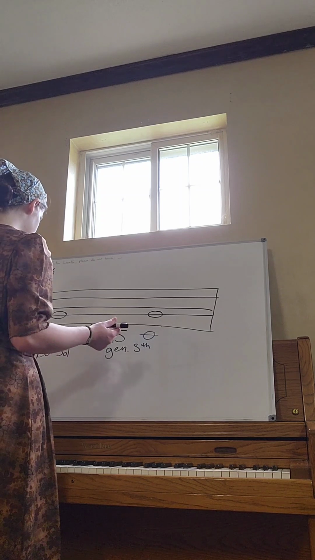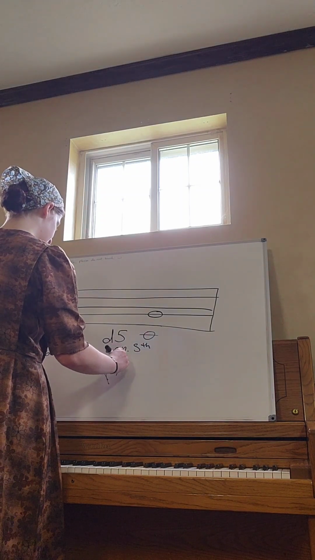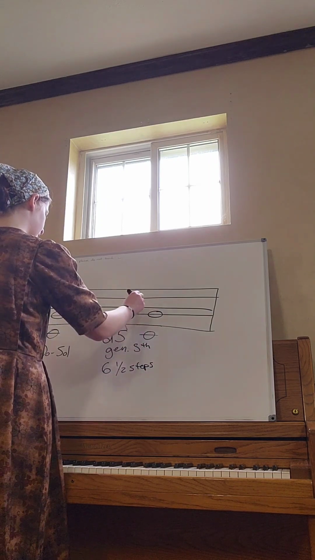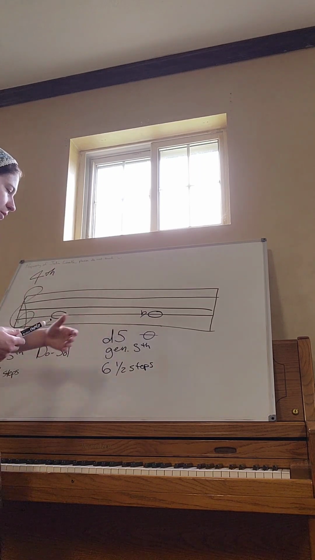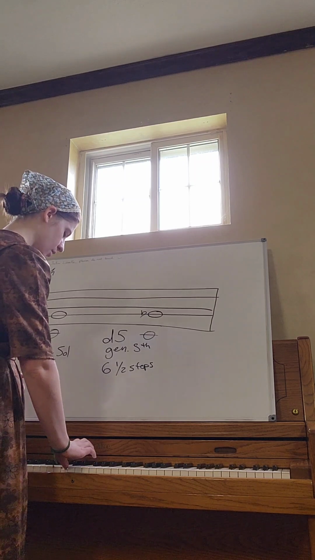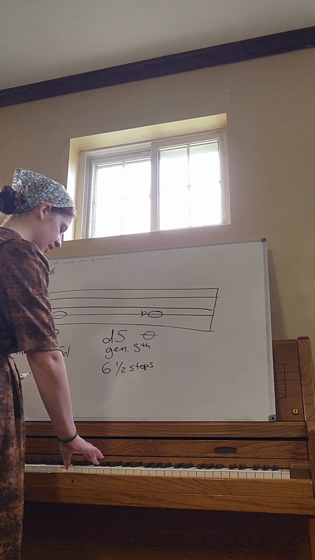So instead of 7 half steps, it's going to be 6 half steps or 6 semitones. So I'm going to flatten that. There we go. Let's count our half steps. 1, 2, 3, 4, 5, 6.